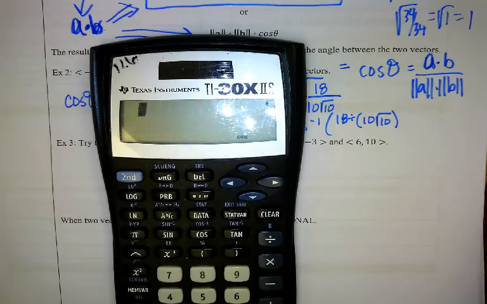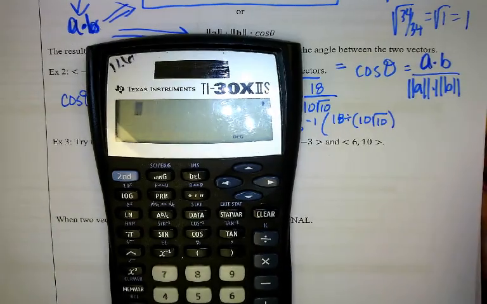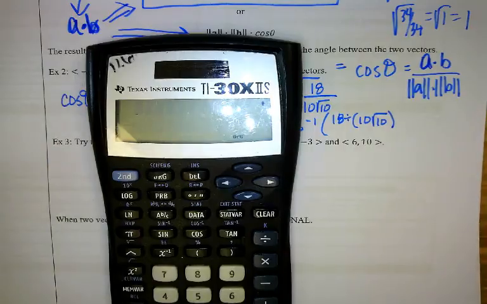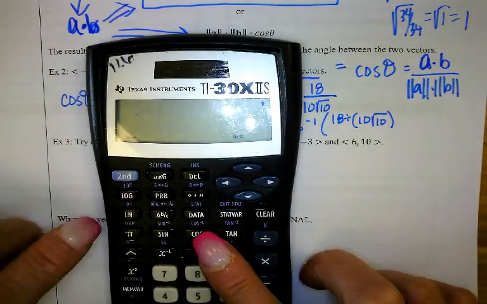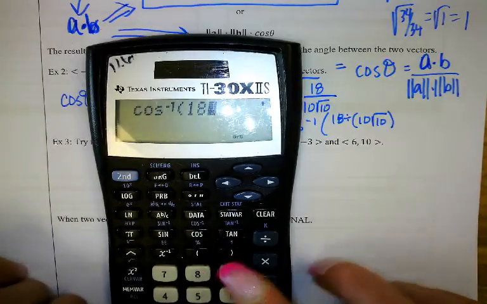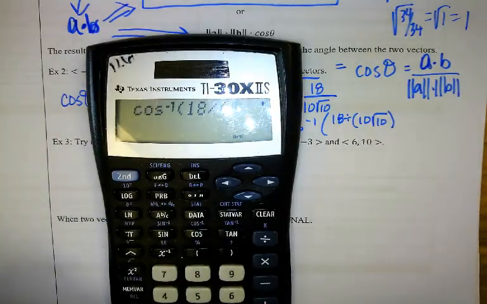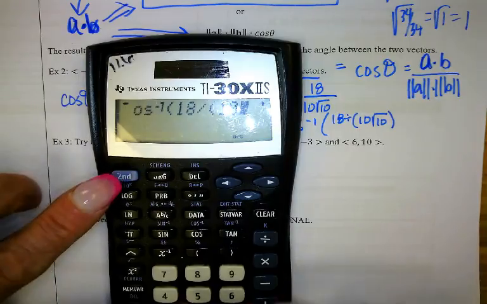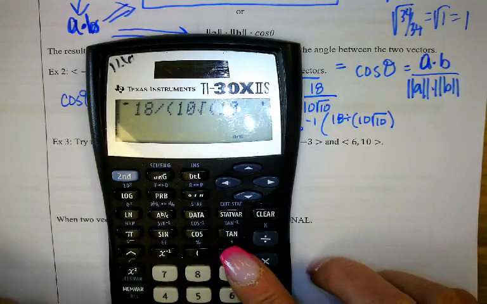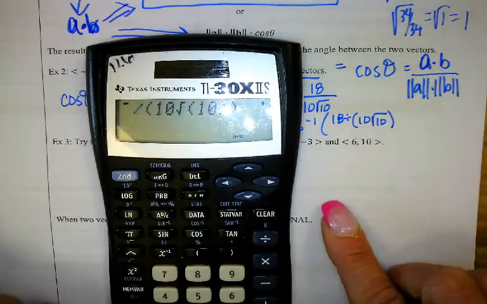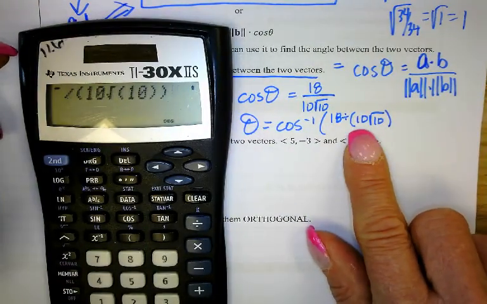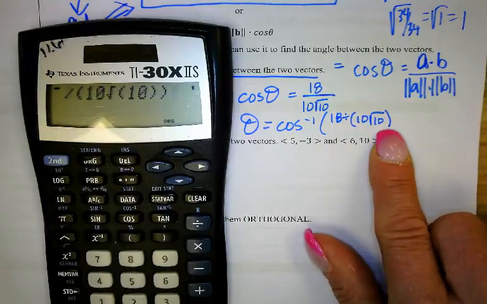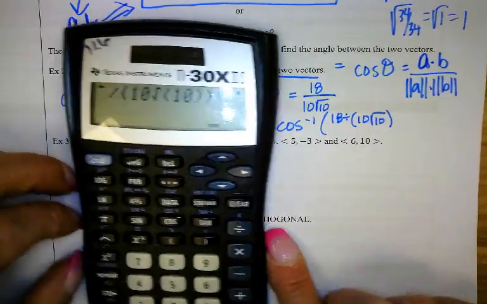So I'm going to go second cosine 18 divided by begin parentheses 10 second square root of 10. If I don't do that, it's going to take the cosine of just 18 divided by 10 and then multiply that answer by the square root of 10. I don't want to do that. All right, and that gives me 55.3 degrees. So theta is approximately 55.3 degrees.